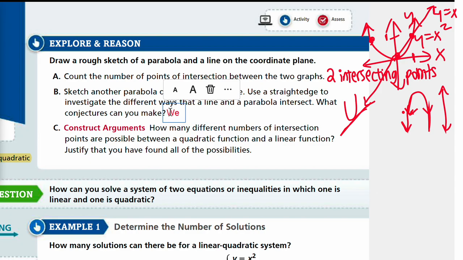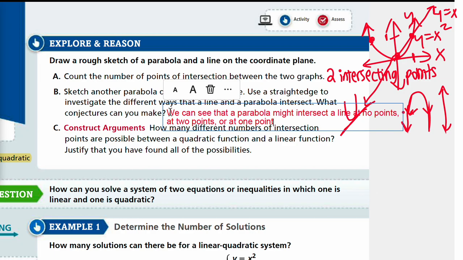We can see that a parabola might intersect a line at no points, at 2 points, or at 1 point, where the line is tangent.